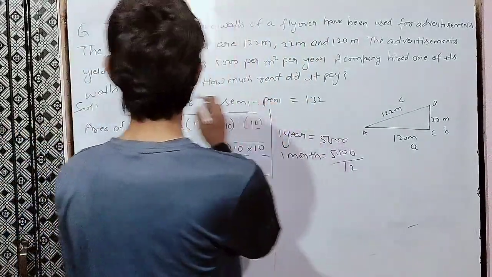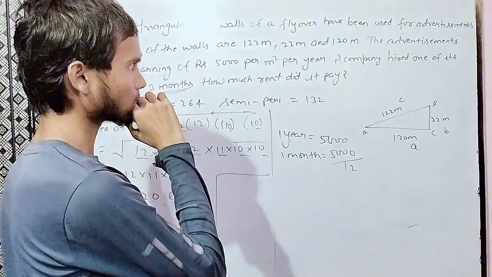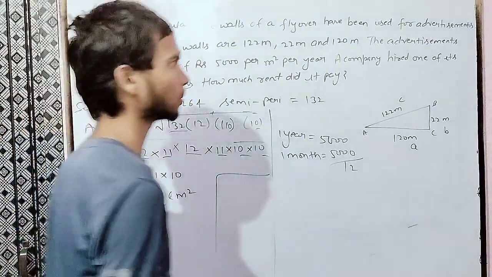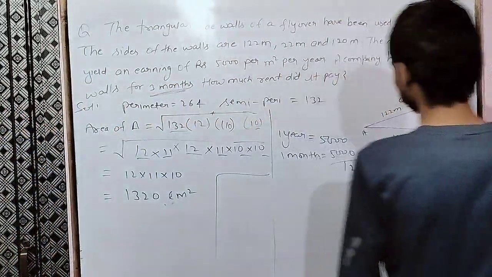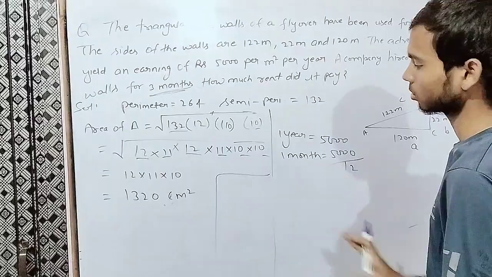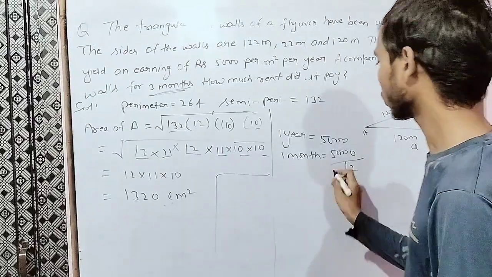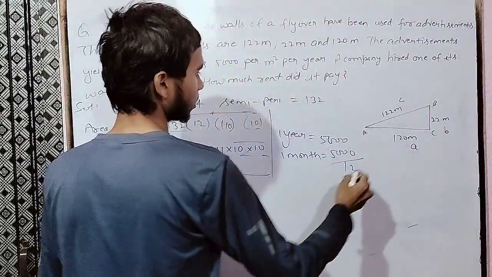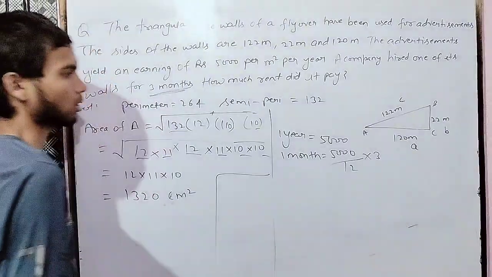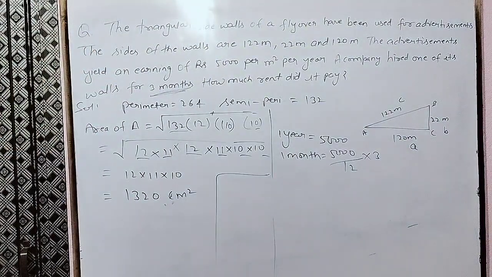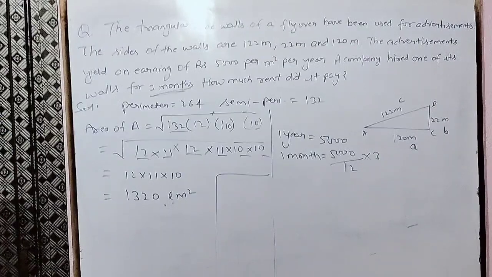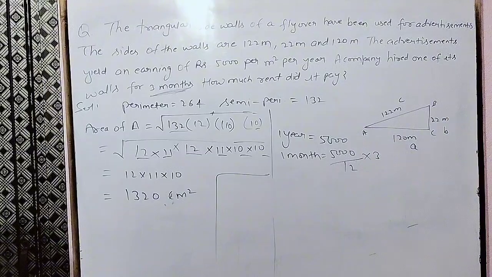Now for 3 months, that company hired this for 3 months. So just multiply by 3. Then you will find the total price of this triangle for 3 months.